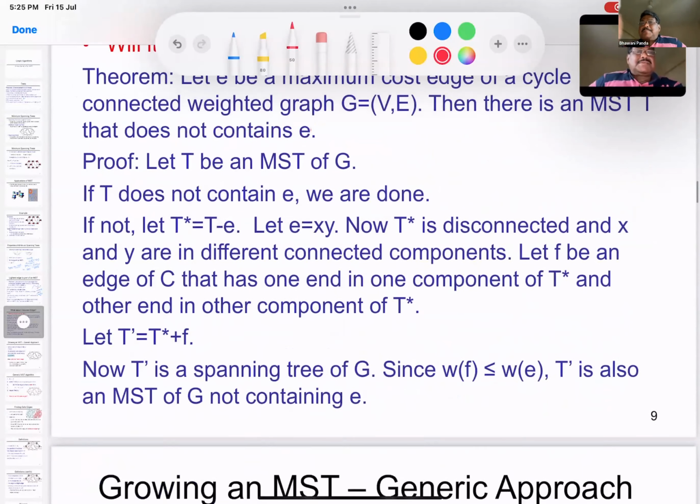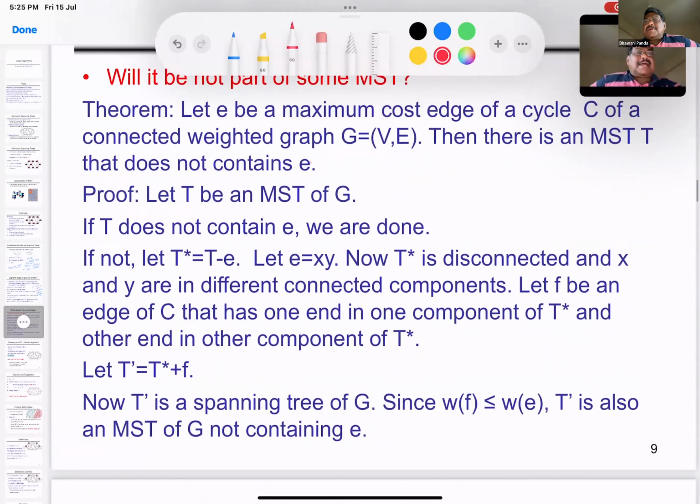So let us prove why it should be the case. The idea is exactly the same. Let T be an MST of G. If T doesn't contain E, we are done.